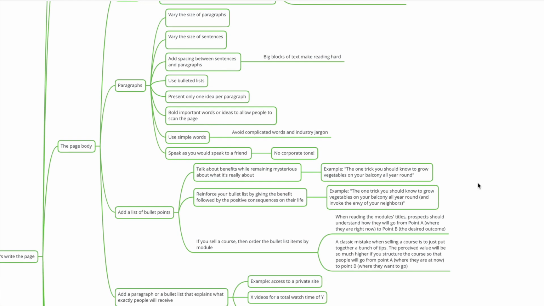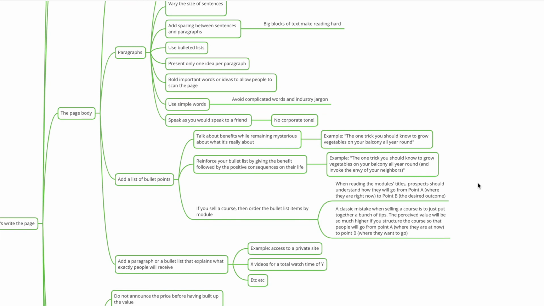And avoid by all means the corporate tone, because this is boring, because people don't like it, because this is cold. The opposite, you want to convey emotions, you want to show that you're a real person who cares for the readers. That's how you're going to get people to act.